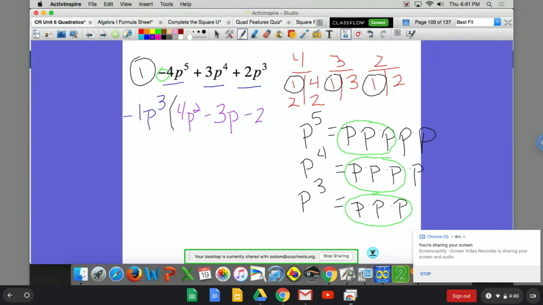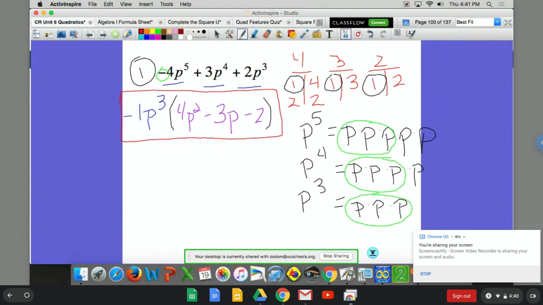That's going to be negative 2. And since we already have 3 p's, we are done. And so that is going to be your final answer. So that is the direction that we are heading today.